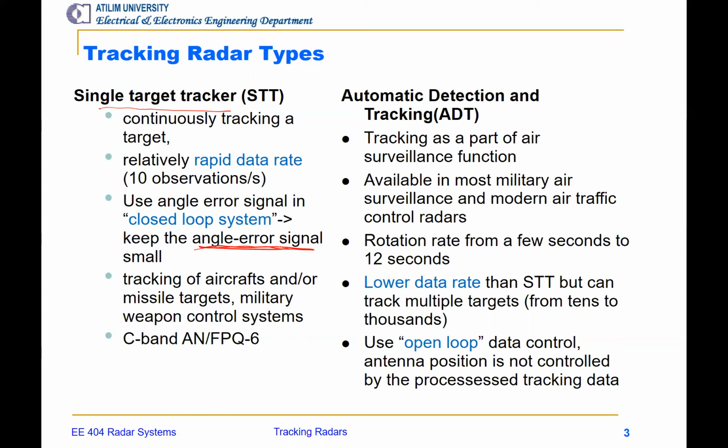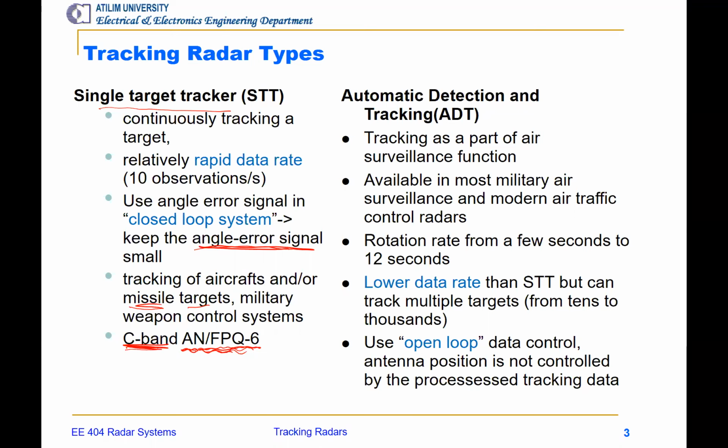It's widely used in tracking of aircraft or missile type targets in military weapon control systems. An example of this will be the C-band AN/FPQ-6. This is a designation used, especially in Western countries. This is usually studied in electronic warfare systems. I'm not going to go into details of this. You can easily find this on the internet.